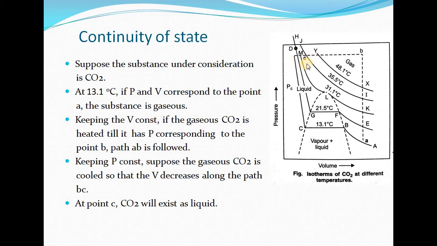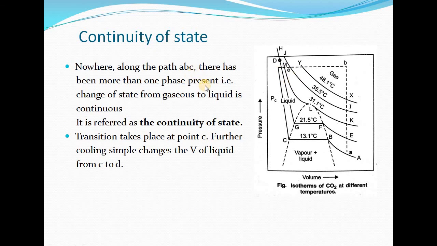Now what happens at point C? We are having here CO2 in the liquid form. So what we can say here, nowhere along the path ABC is there any stage at which both these phases are present together. All along the path ABC, the substance is present only in one phase. Either it is gaseous phase or it is liquid phase on reaching point C. That is, the change of state from the gaseous to the liquid state is continuous.